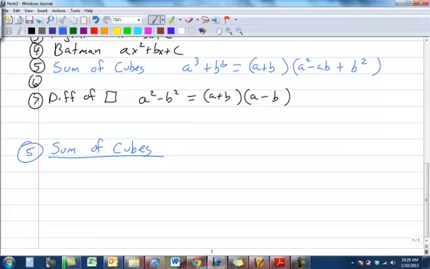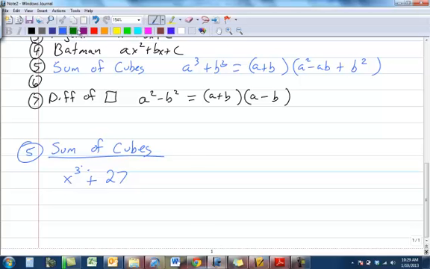Let's do a quick couple of examples here. How about x cubed plus 27. All right, so this is a sum of cubes because it's got an addition, and these are 2 perfect cubes.